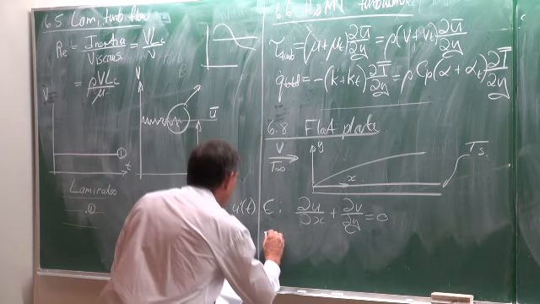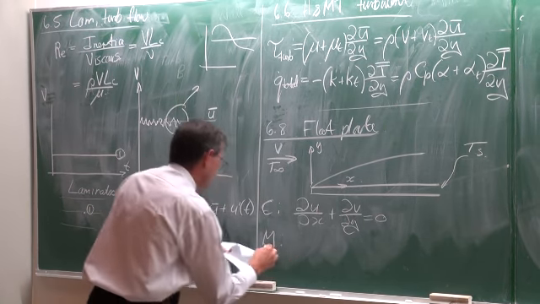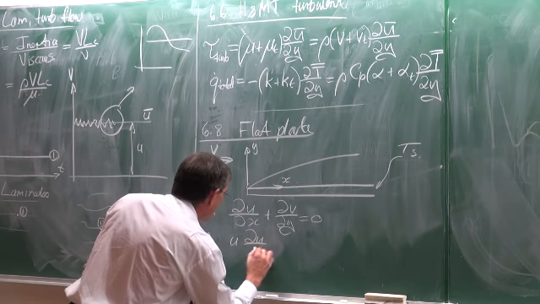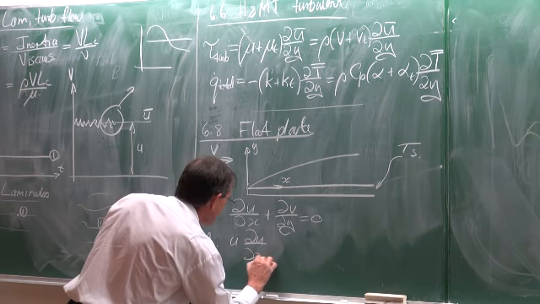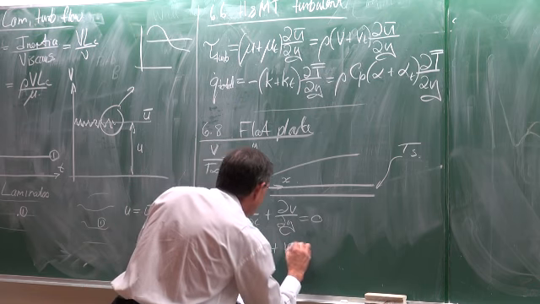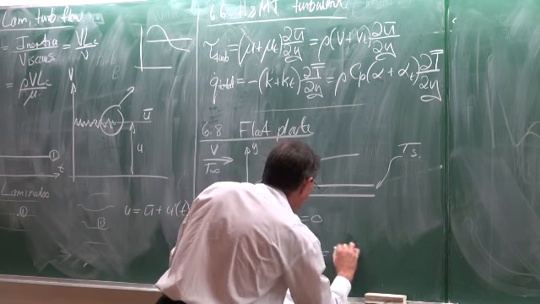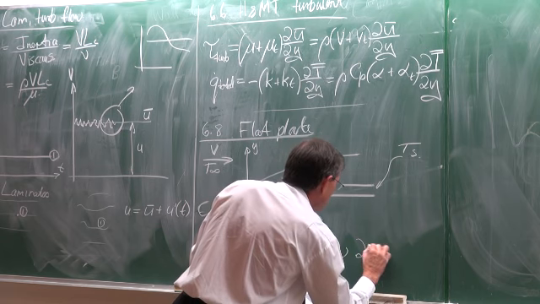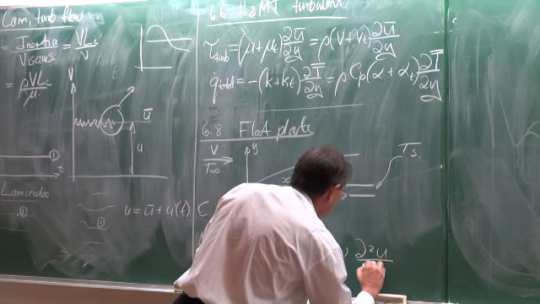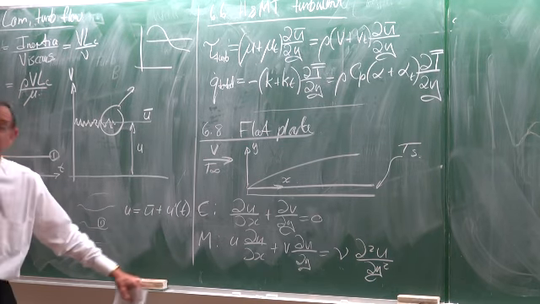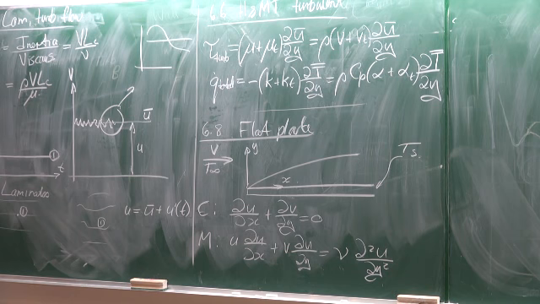Then for the momentum equation, it would be u multiplied by partial du/dx plus v partial du/dy is equal to the kinematic viscosity multiplied by partial d2u/dy squared. Remember, we can't throw out the viscosity now because we want to get things like the drag.